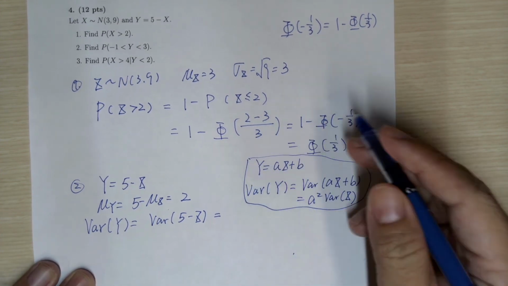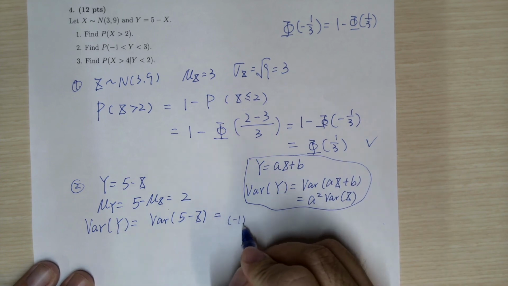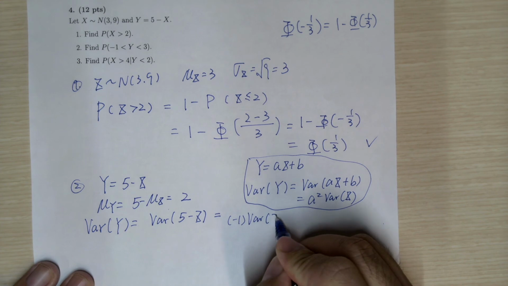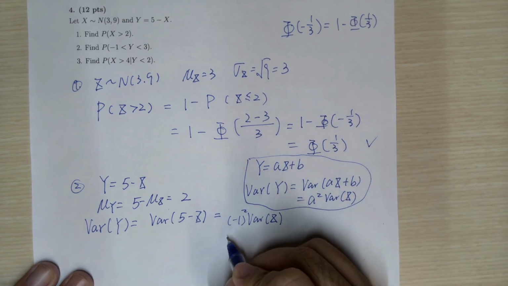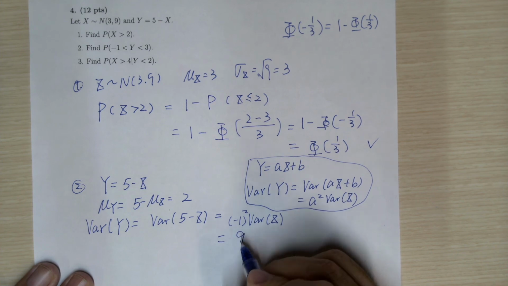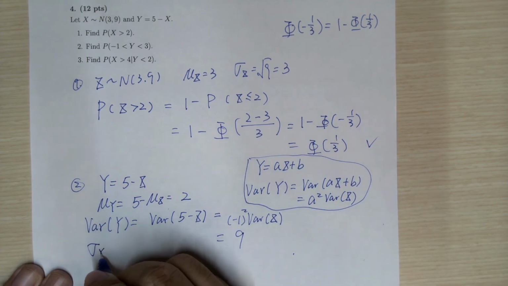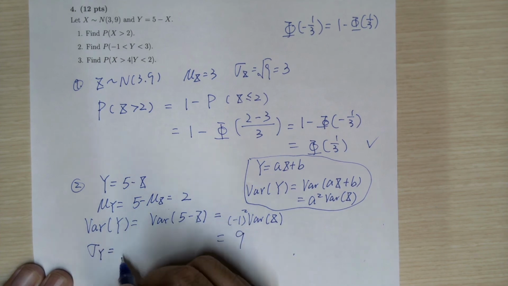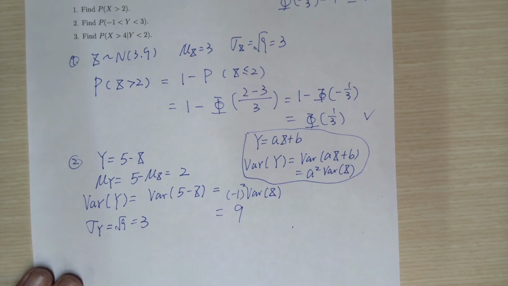So this variance is equal to negative 1 squared times the variance of X, which is also 9. Correspondingly, the standard deviation of Y is also the square root of 9, which is 3. That's something we can tell.